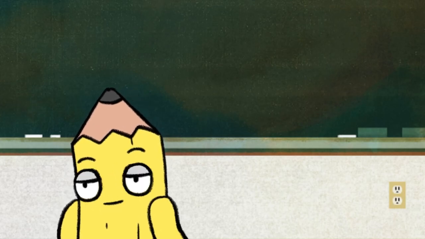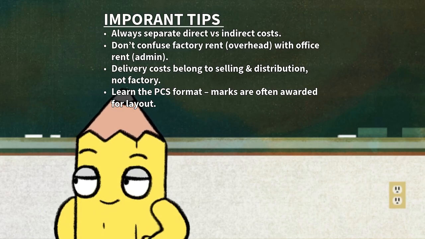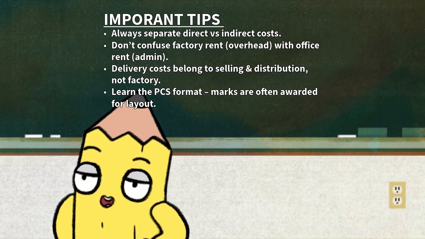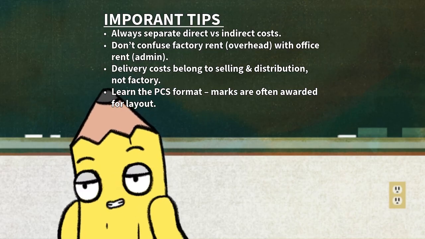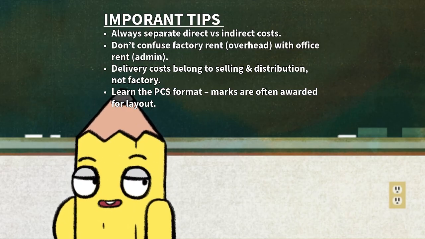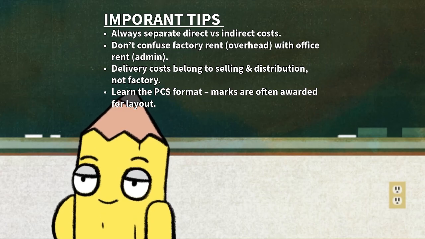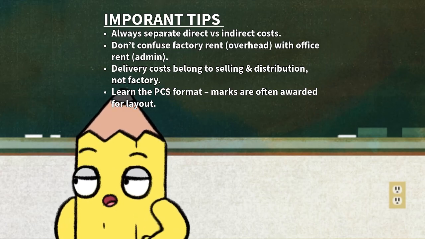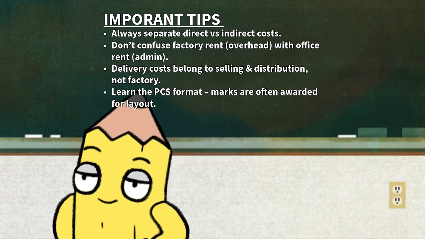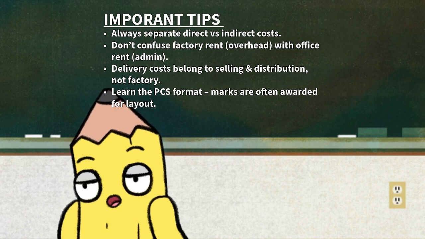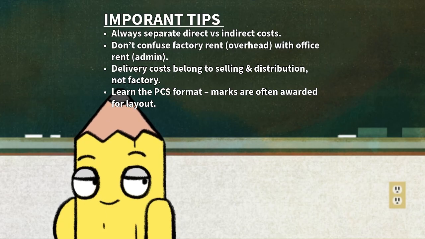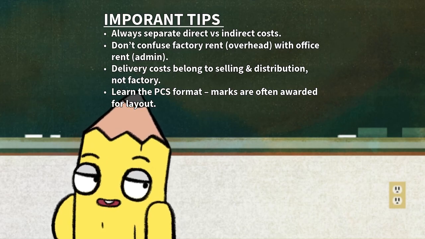So the most important things that you need to remember are, you need to be able to separate your direct from your indirect materials. You need to be able to differentiate your overhead costs, which are for the factory, from the other types of costs that need to go to your administration or your delivery costs.